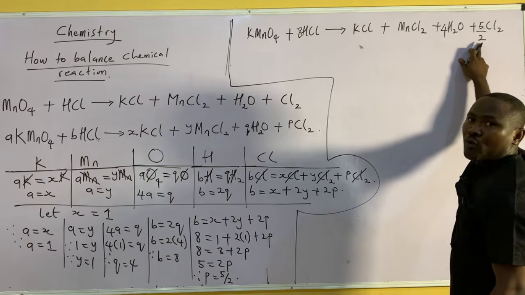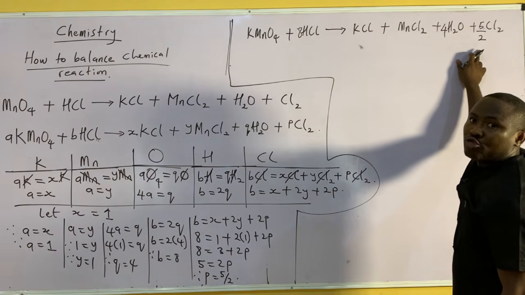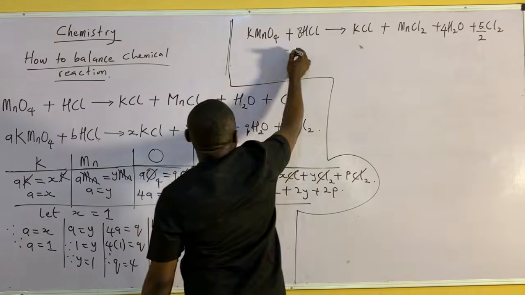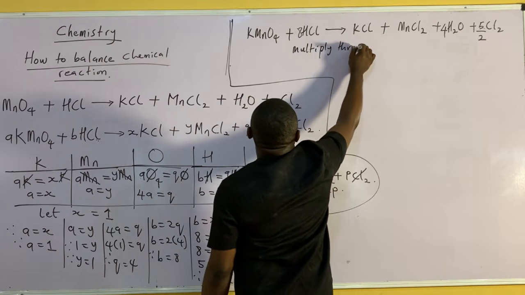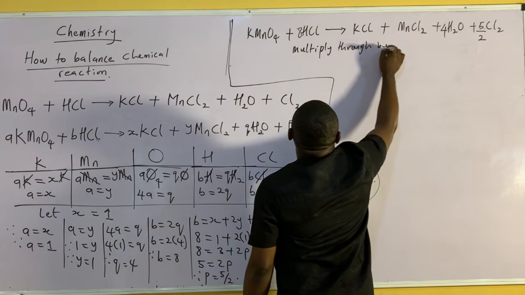To remove this over 2, I will multiply through by 2.